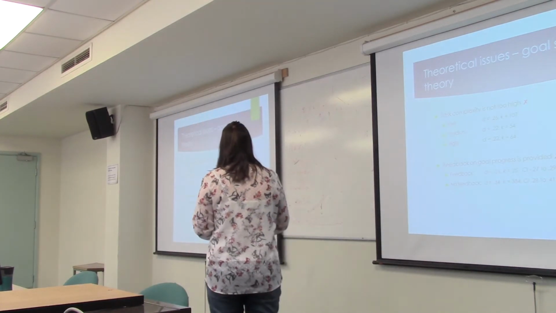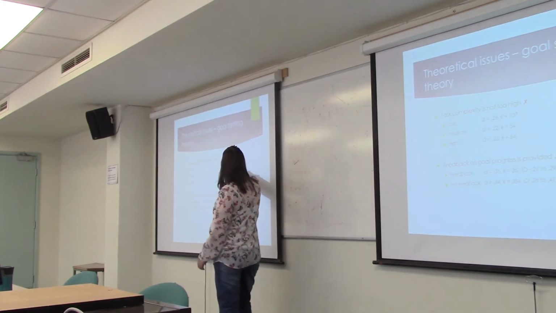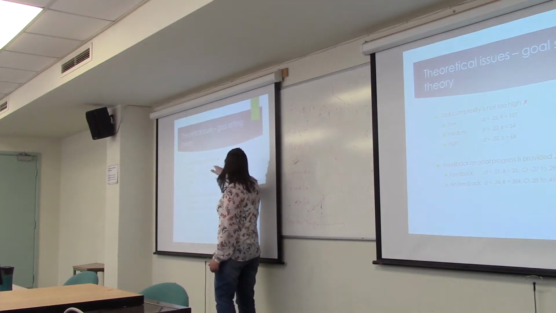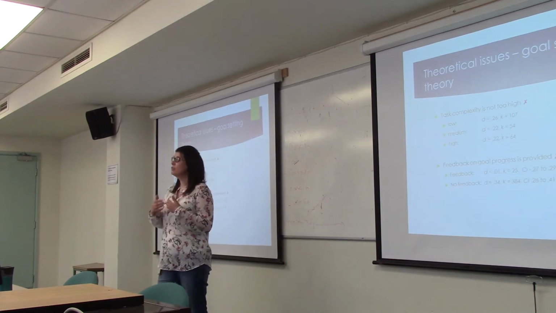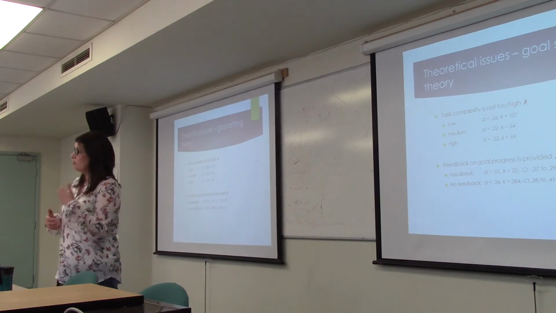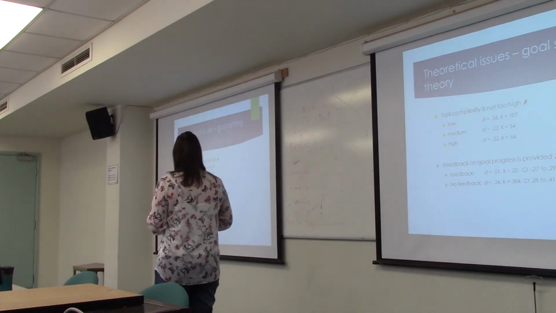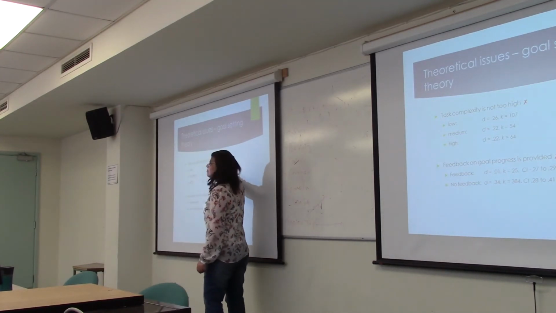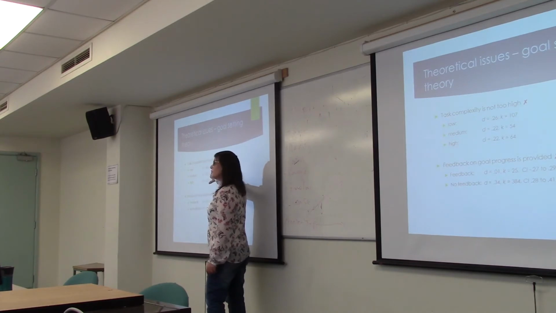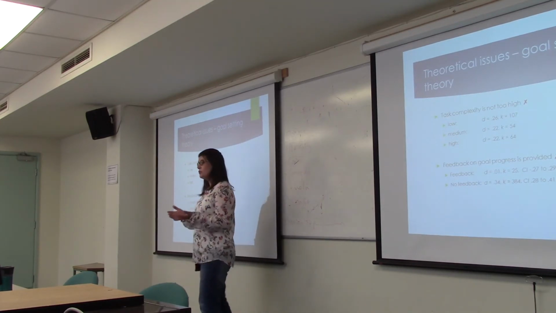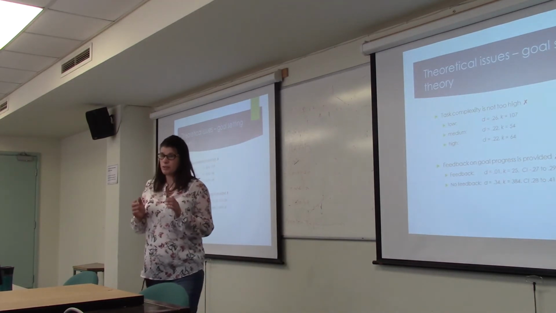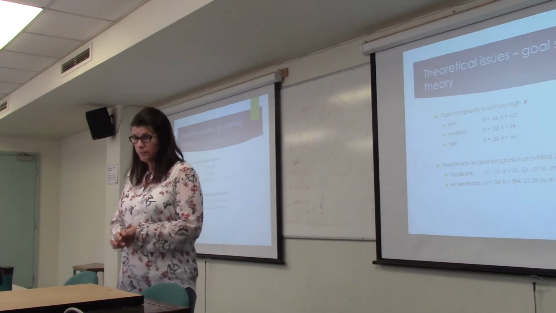Locke and Latham also say that task complexity should not be too high. So remember, task complexity is related to the number of decisions you make and the number of tasks that you have to do. And we found here that low complexity was 0.26, medium was at 0.22, and high was at 0.22. So there was no difference between those.